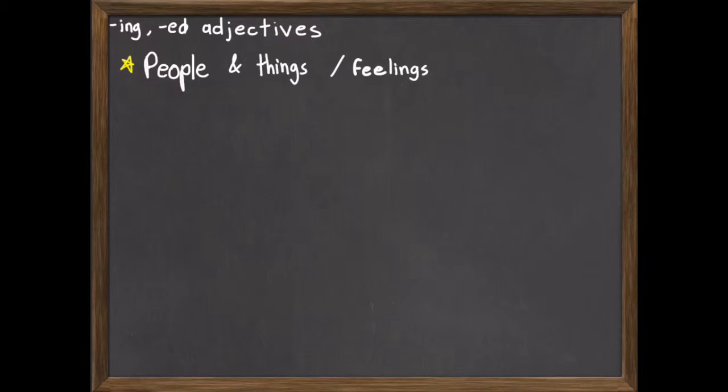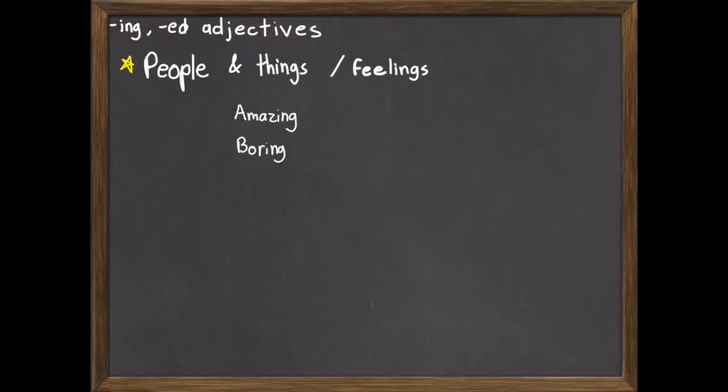First, to describe people or things, we could use the words amazing or boring. For example, a place could be amazing, such as a theme park, and a place could be boring. For example, if you don't like museums, you could think museums are boring.